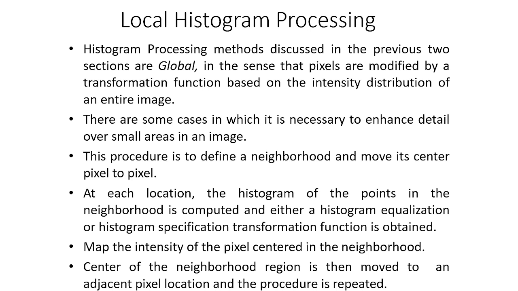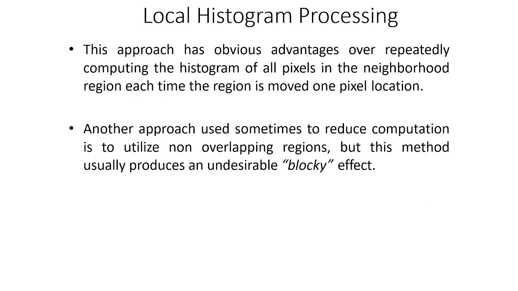Here we also have local histogram processing. If it is applied to a particular mask size, then we call it local histogram processing. But generally, if we apply it throughout the full image, pixel to pixel, then we call that process global. If at each location the histogram points are computed in the neighborhood, then it is called local processing.